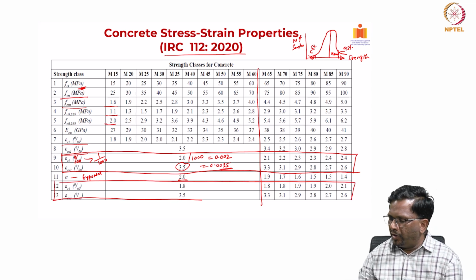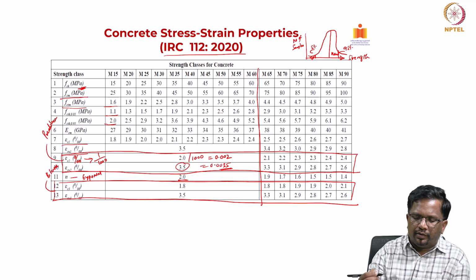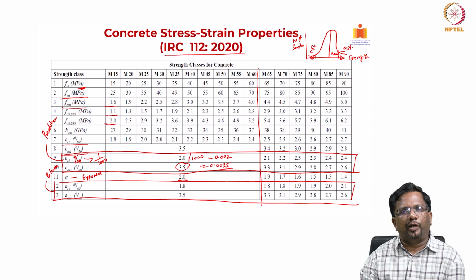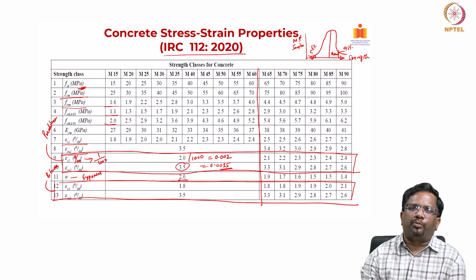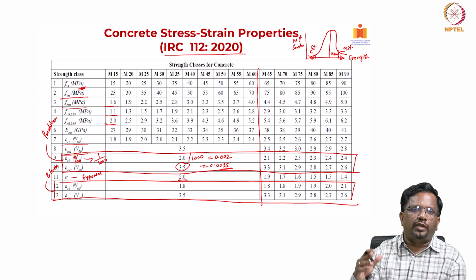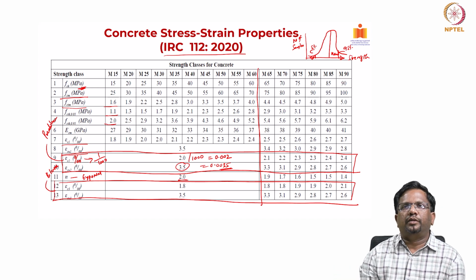So we have different types. This is for the somewhat parabolic stress strain curve, and this is for a simple bilinear approximation of your stress strain curve. So the IRC code is more elaborate and gives the designer different options to use, a simplified stress strain relationship or the parabolic and straight relationship.